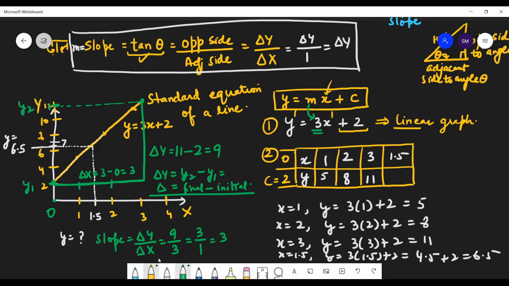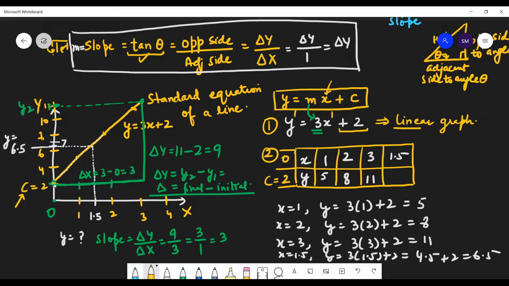Okay, students. So the line is cutting the y-axis at point 2. That's also actually equal to c. So c equals 2.